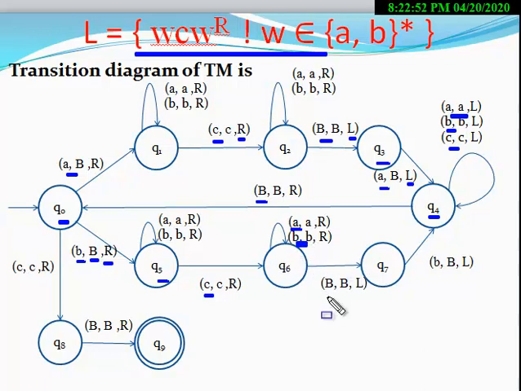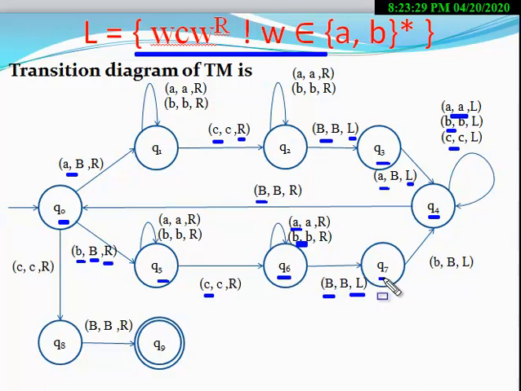As soon as the tape symbol capital B appears, the machine moves to the Q7 state, and the head moves in the left direction. That is, when at the state Q6 the tape symbol B appears, the machine moves left and changes its state from Q6 to Q7.